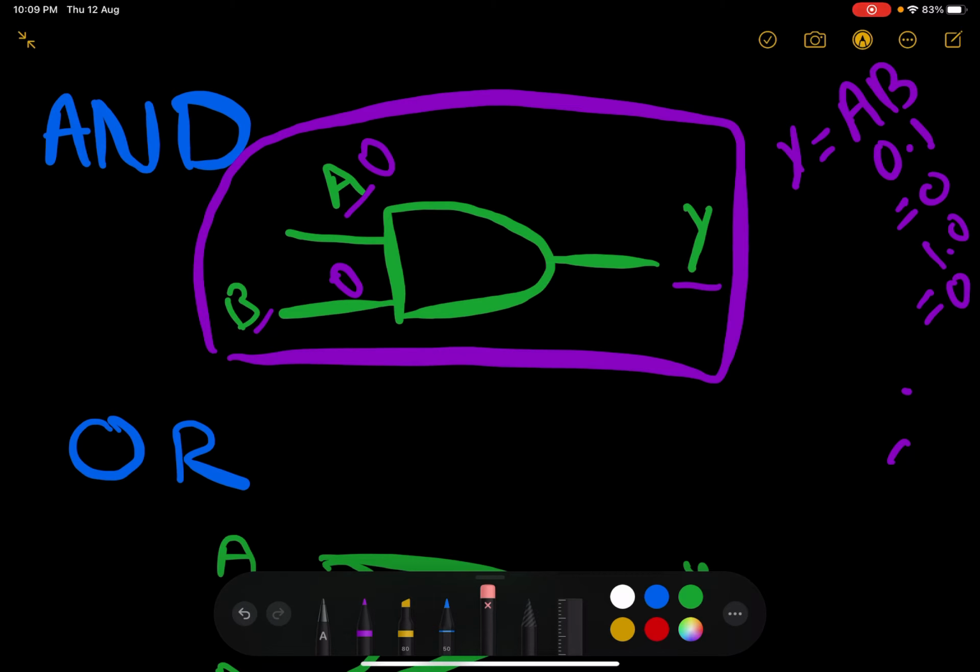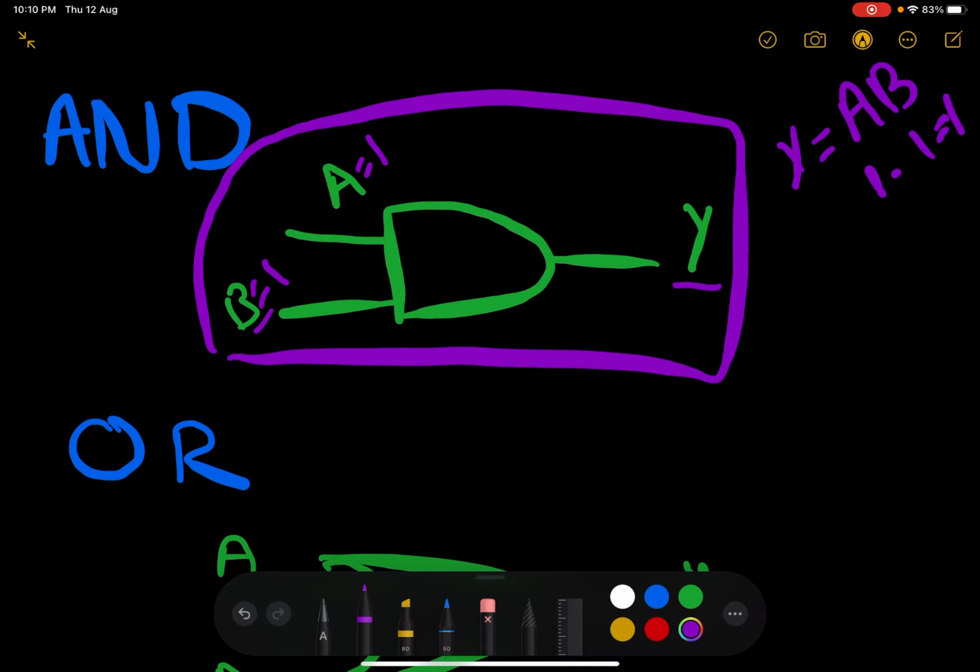So when do we get 1 as our output? Both inputs should be 1, so 1 times 1 gives us 1. Like I said previously, you can have as many inputs as you want, like 3, 4, 5.